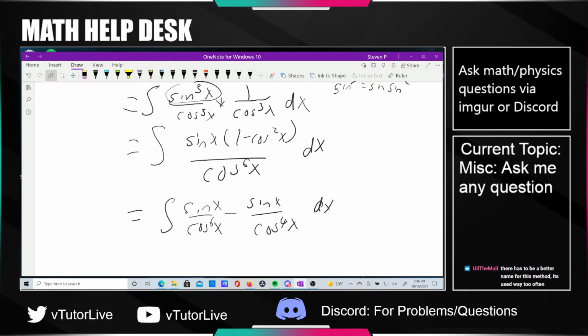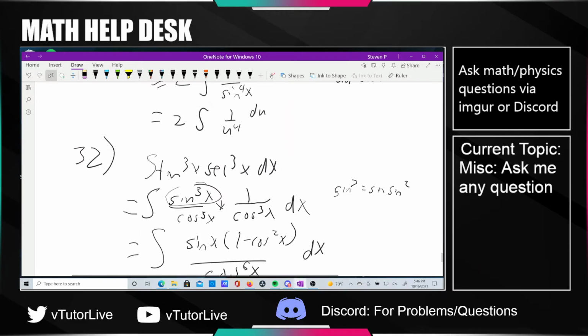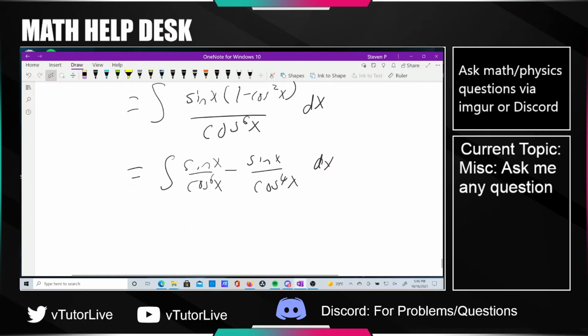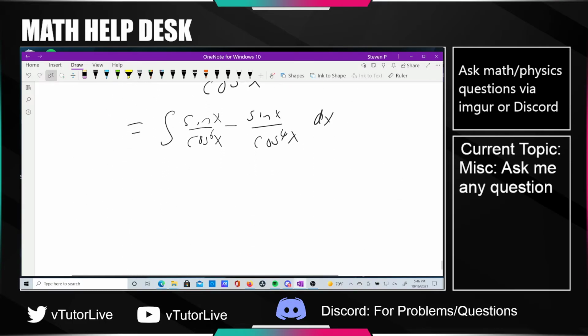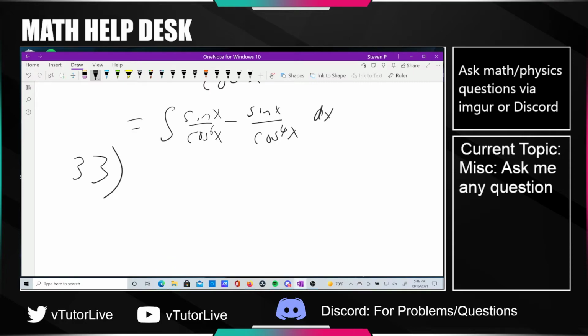They call this reverse chain rule in German books. No cool name. Yeah, darn. But like, what's the opposite of a chain? Like a mace? I don't know. There has to be a better name for this method. It's used too often. If only everything came with a cool name.